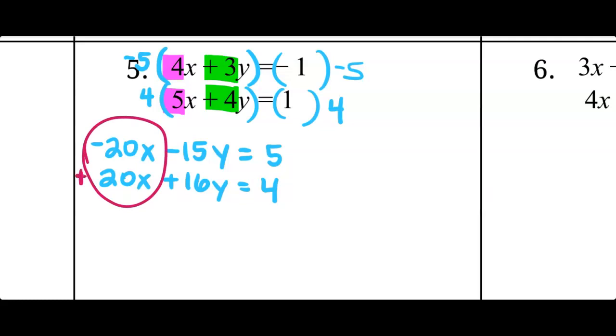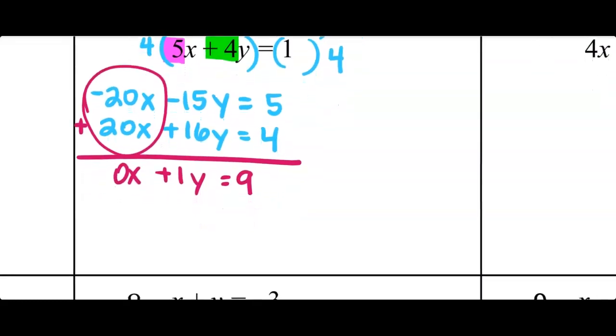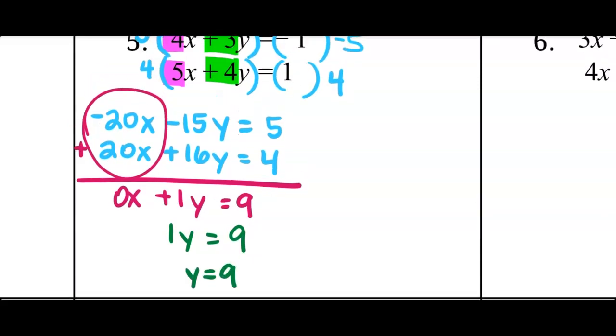Since I have an opposite pair, I can go ahead and add my two equations together. So negative 20x plus 20x gives me 0x. Negative 15 plus 16 will give me a positive 1y. And 5 plus 4 will give me 9. The 0x then cancels, leaving me with 1y equal to 9, which is just that y is equal to 9.